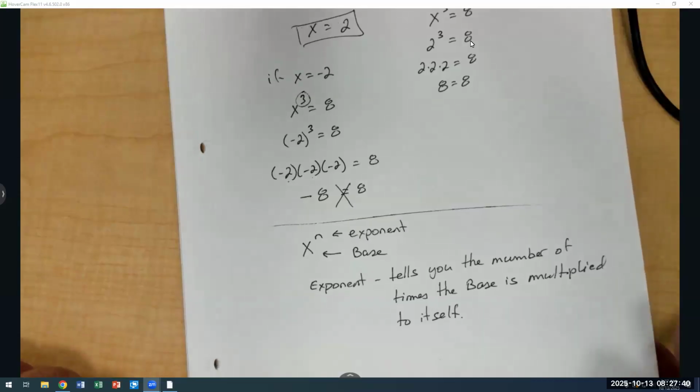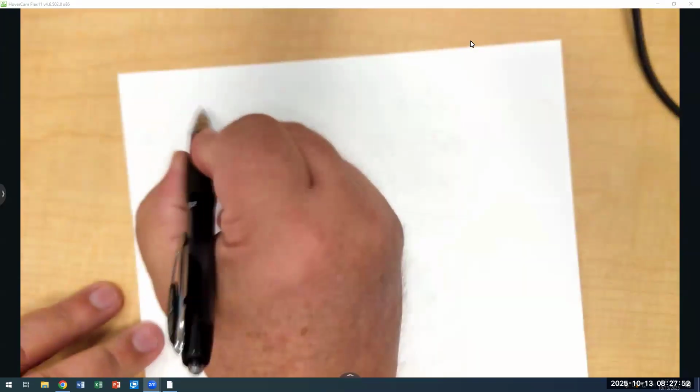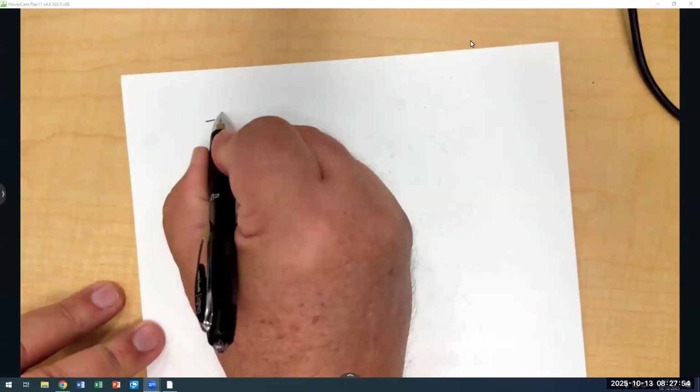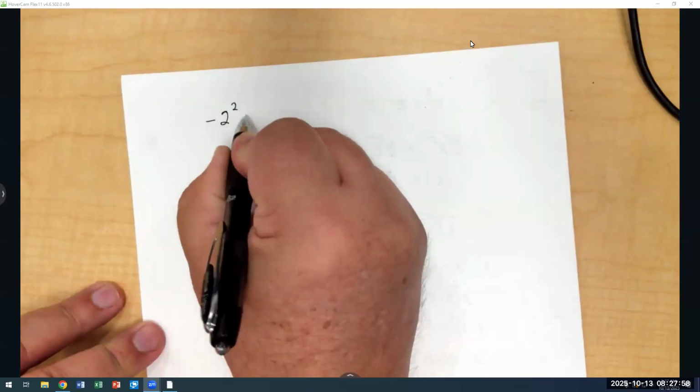Everybody okay with that? So let's see how well you understood this. What's that going to equal? 4.